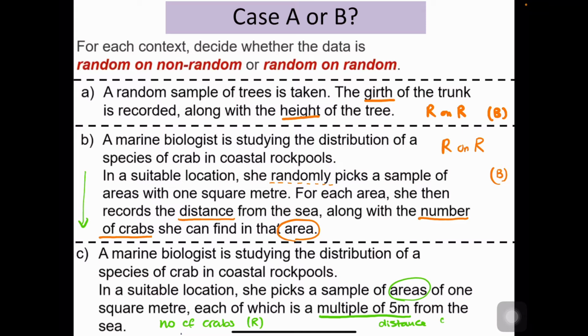So this is definitely being controlled, and so the distance is a non-random variable. So I'll write here random on non-random, and in brackets I'll write A for case A.